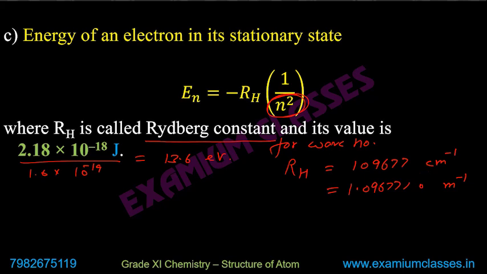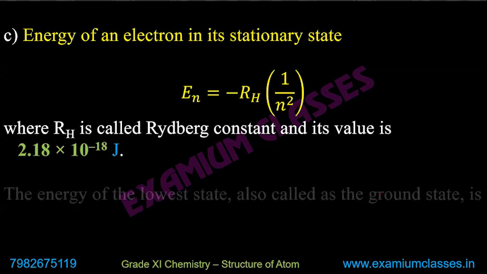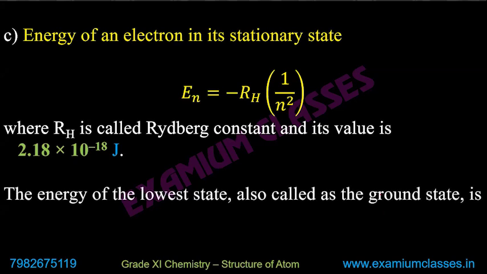Because per meter you will multiply it by 100, it will be 10967700 per meter. So instead of writing so long, if you are using the unit per meter, you write 1.097 into 10 to the power 7. You just round off up to here. If you are using it for calculation of energy, then it will be 2.18 into 10 power minus 18 joules or 13.6 electron volts. With practice, it will become easier to know which one you will be using.